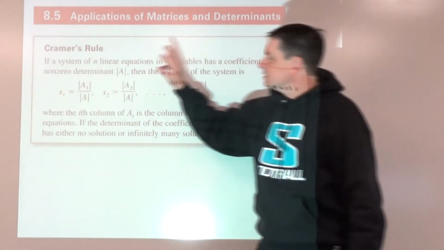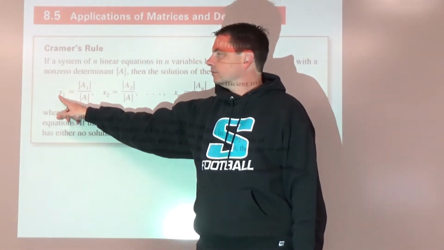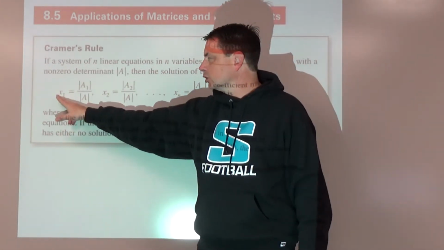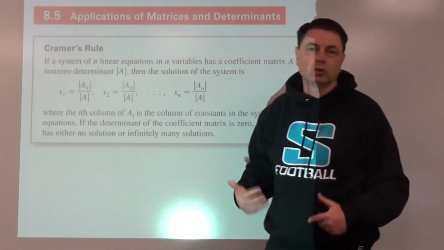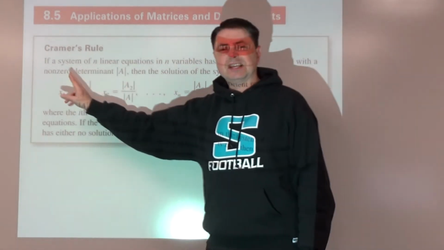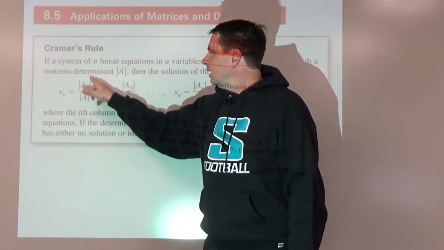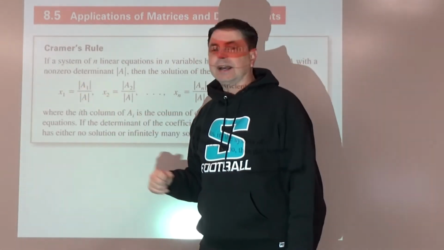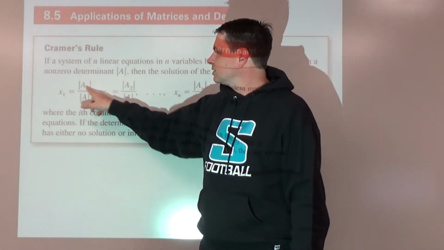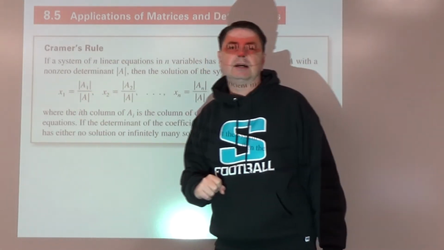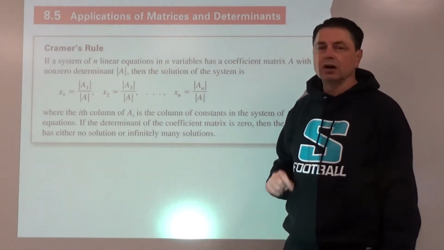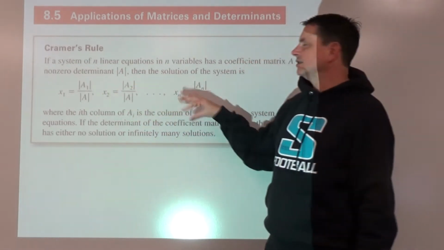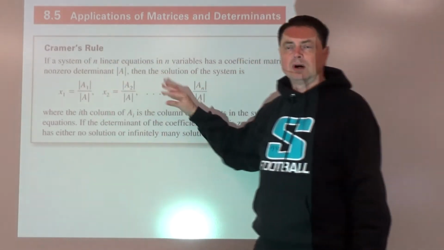So what it says is that your first solution, whether this be x, y, z, whatever, and we typically think in terms of 2x2 or 3x3 systems, so this essentially would be x, would be the determinant of what we'll call the x replaced matrix, or the first replaced matrix, divided by the determinant of the original matrix, and so on for y and z, or maybe we're doing w, x, y, and z.